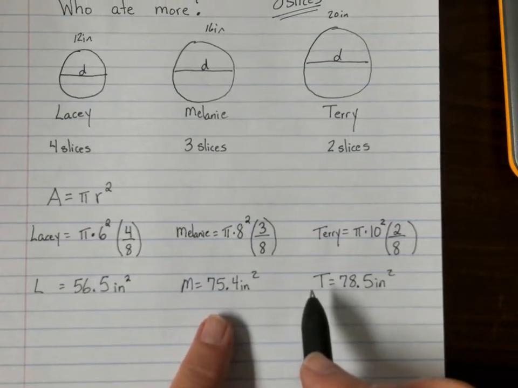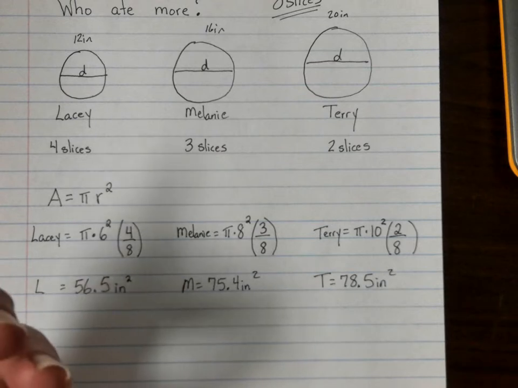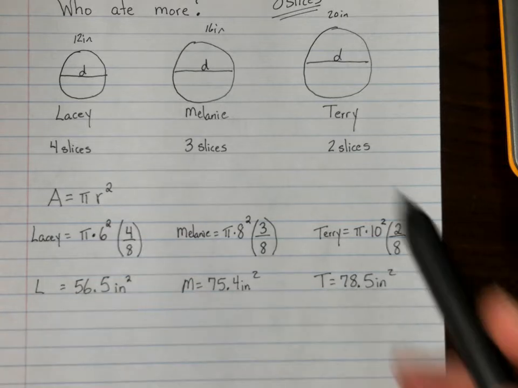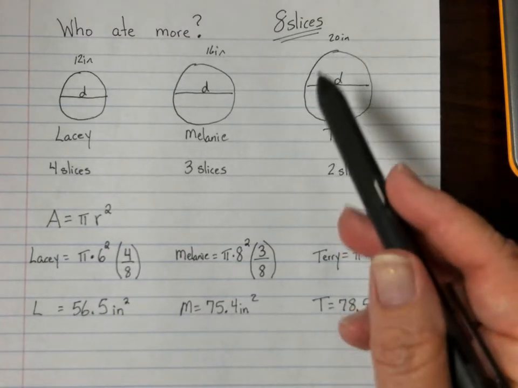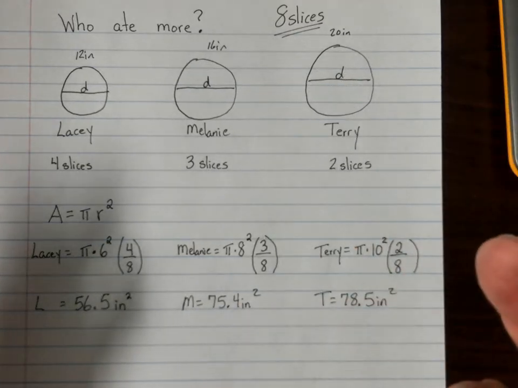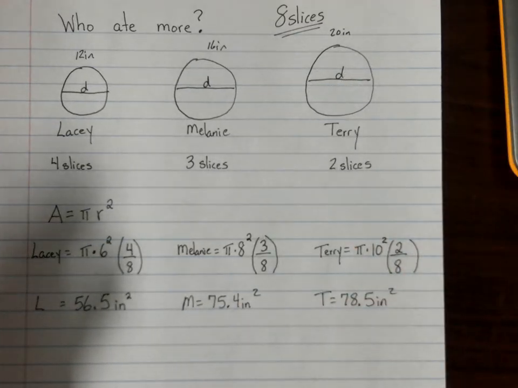And so this is something about in life when you say something like, Lacey could say, oh man, I ate 4 slices of pizza. And somebody could be like, dang, Lacey, how did you eat that much? Because Terry's thinking about this pizza. So when you say how many slices of pizza you ate, that's not giving you all the information, right? Because the slices could be different sizes.